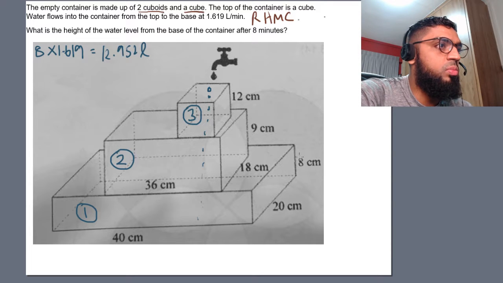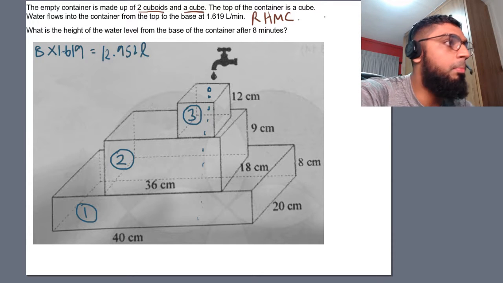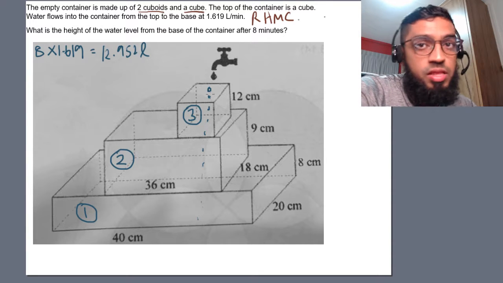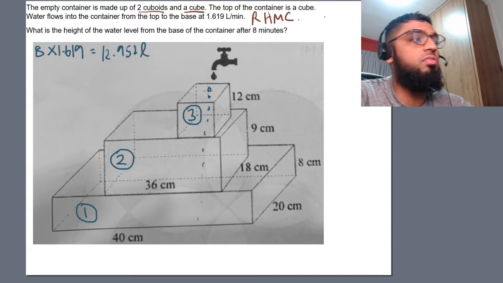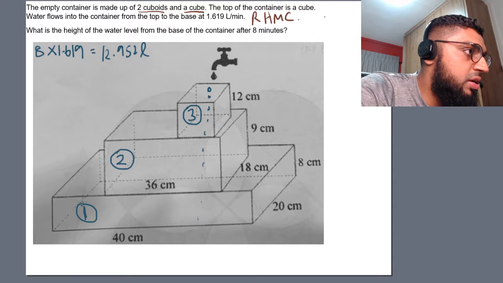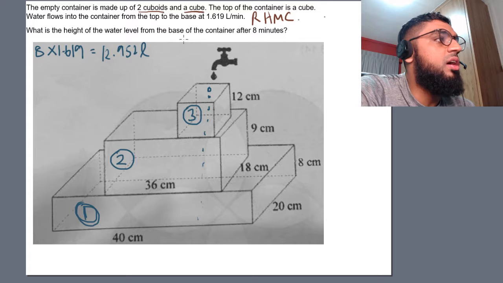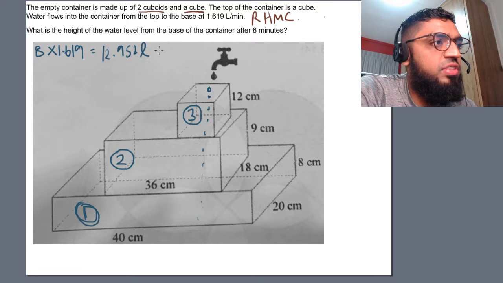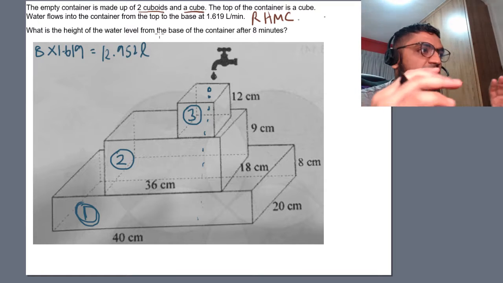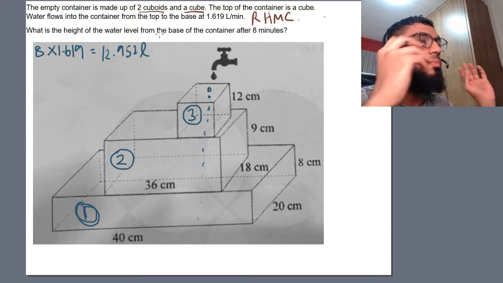Is the volume of the first cuboid more than the volume of water that I have, or is it lesser than that? If the space in this cuboid number 1 is lesser than the volume of water that I have, definitely the water will occupy the entire first cuboid.